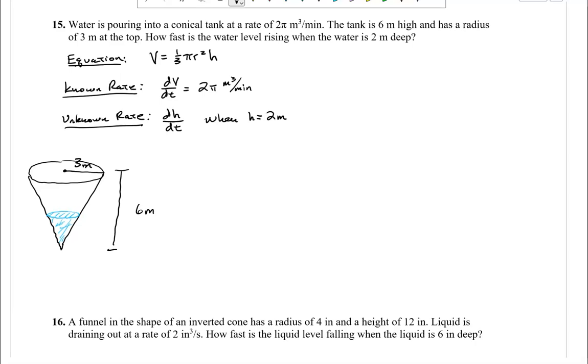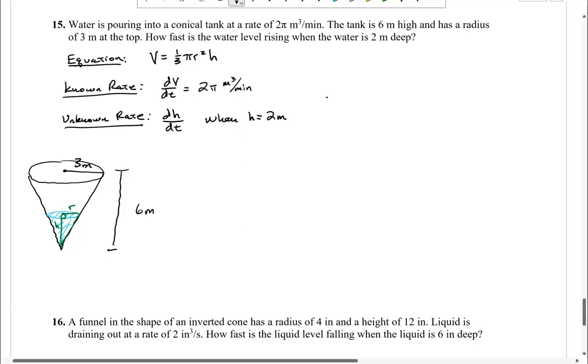The black cone and the blue cone, and use their similarity to eliminate one of our variables. In other words, we're going to notice that we have this green triangle that's changing in size. It's a right triangle. This green right triangle is changing in size as the water rises. h gets longer, r gets longer.